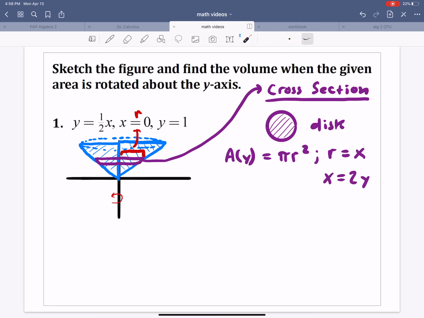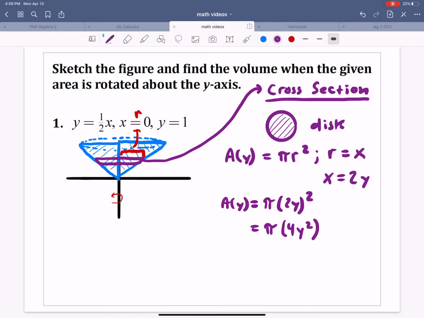All I did is rearrange that function to solve it for x, which you're going to do a lot of when you're rotating about the y-axis. So to find the actual area of that cross-section, we plug 2y in for our radius, and we square that. So then I get the area equals pi times 4y squared.